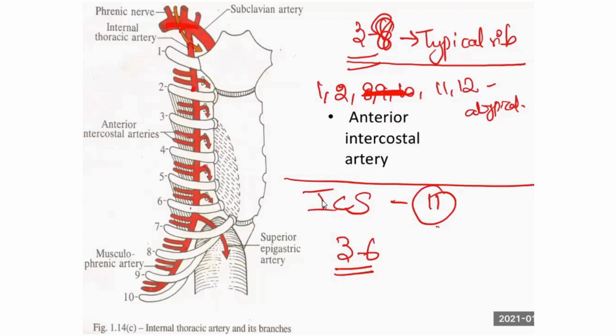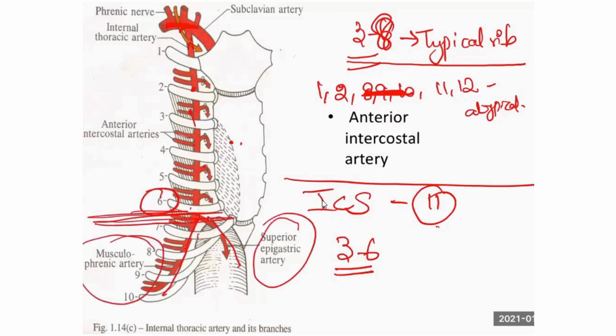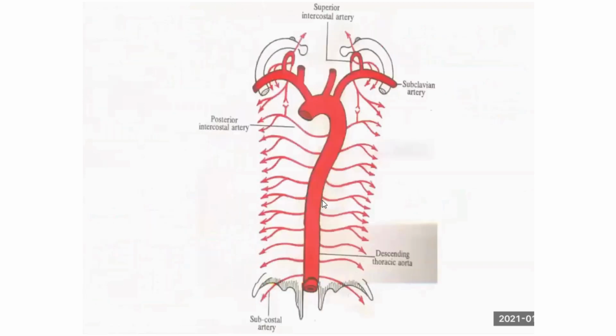On either side of the sternum, what is the artery running? Internal thoracic artery, up to which level? 6. The internal thoracic artery divides into the superior epigastric and musculophrenic artery. So 7, 8, 9, 10 anterior intercostal arteries arise from the musculophrenic artery.